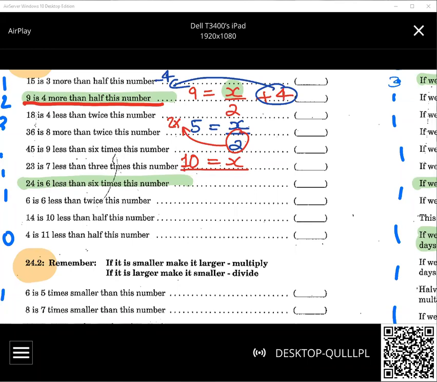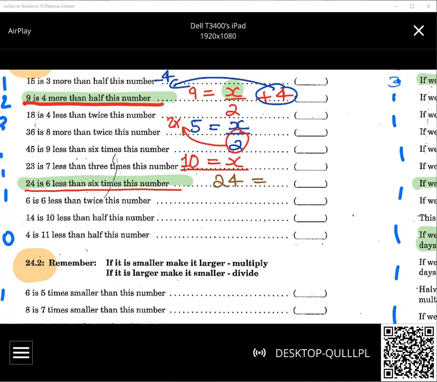Okay, the next question, let's have Mr. Ibrahim. Next one. 24 is 6 less than 6 times this number. So the word is means equal: 24, 6 less than 6 times this number. So how do you write it down?